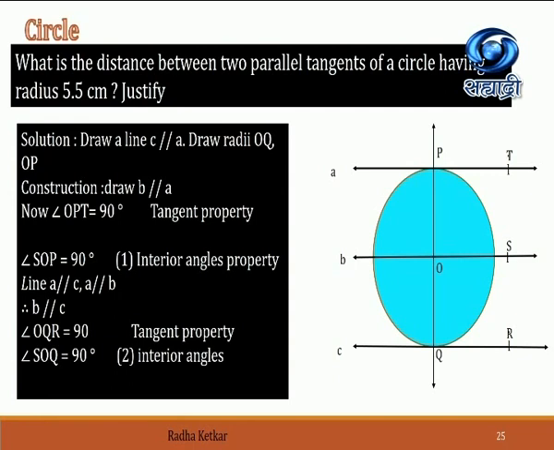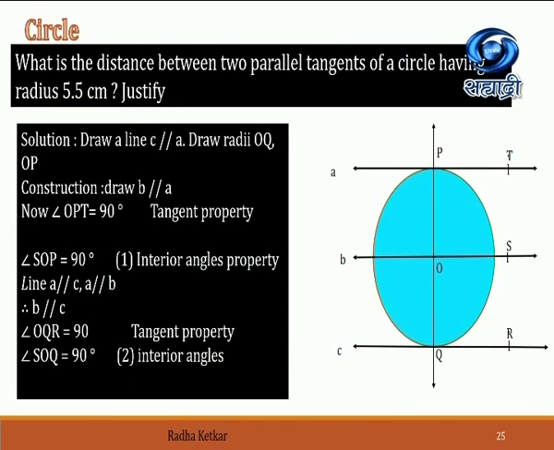Now, as line A and line B are parallel to each other, angle TPO and angle SOP are interior angles, and we know that interior angles are supplementary. That means we should get a total of 180 there. Out of these two angles, TPO is 90, which we know using the tangent property. So obviously angle SOP will also be 90. So you can see statement 1, angle SOP is 90 degrees.